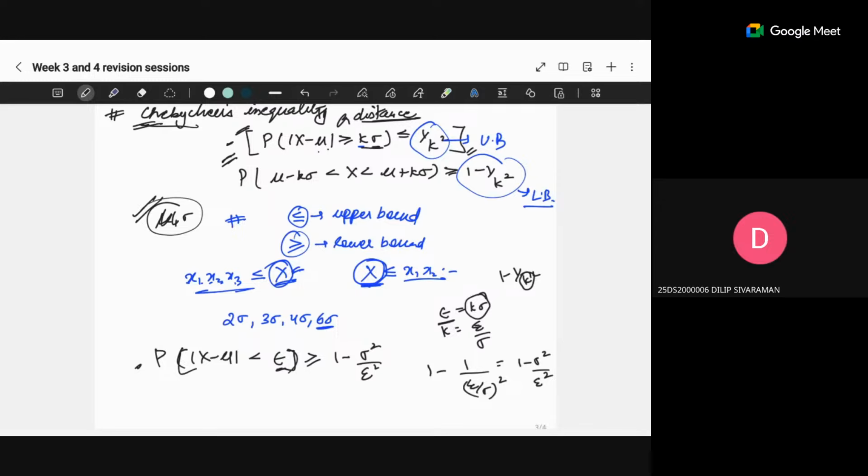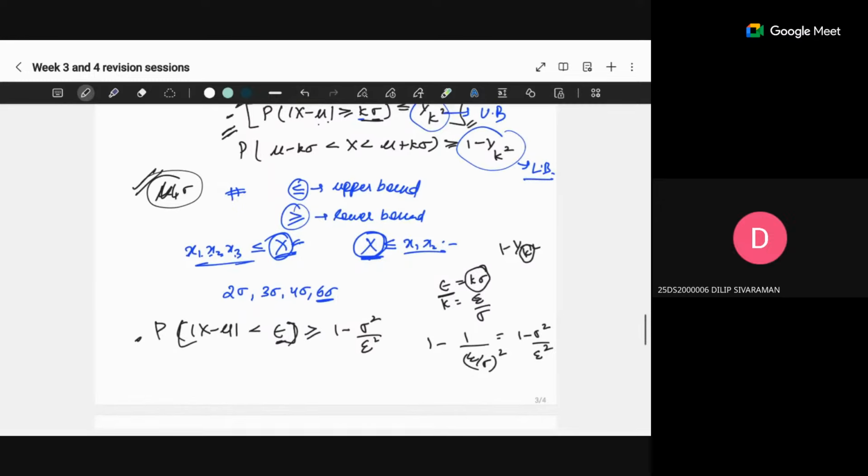So what do you call such a value? The epsilon, is it supposed to signify something? Because I understand that k has a significance, because k means the number of standard deviations. What's the use of epsilon then? You're just multiplying it with the standard deviation, right? There are different forms.